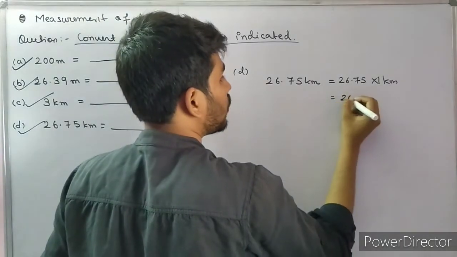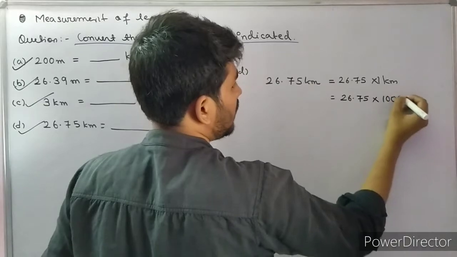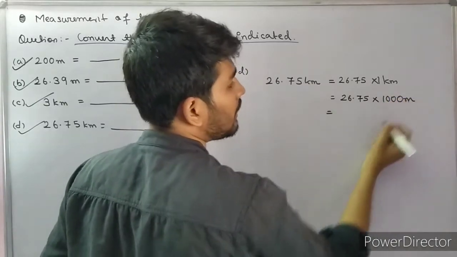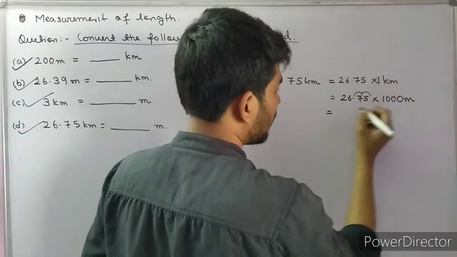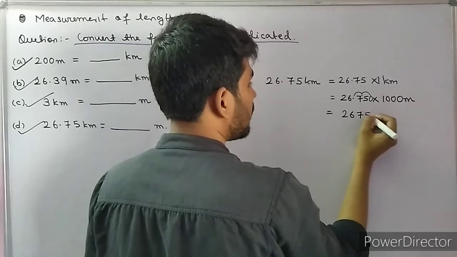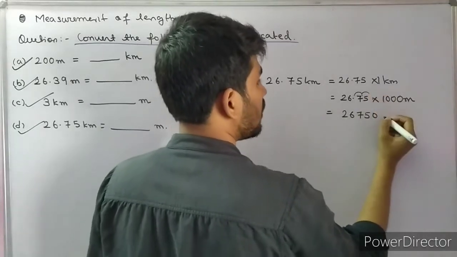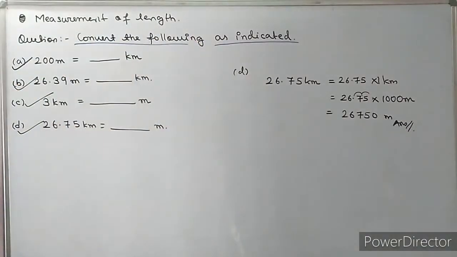So can I write 26.75 into 1000 meter? So when multiplied by 1000, the decimal place will shift to the right side. 1, 2, 3. One more 0 will come. So this will become 267500 meter. Answer. Is it clear or not?